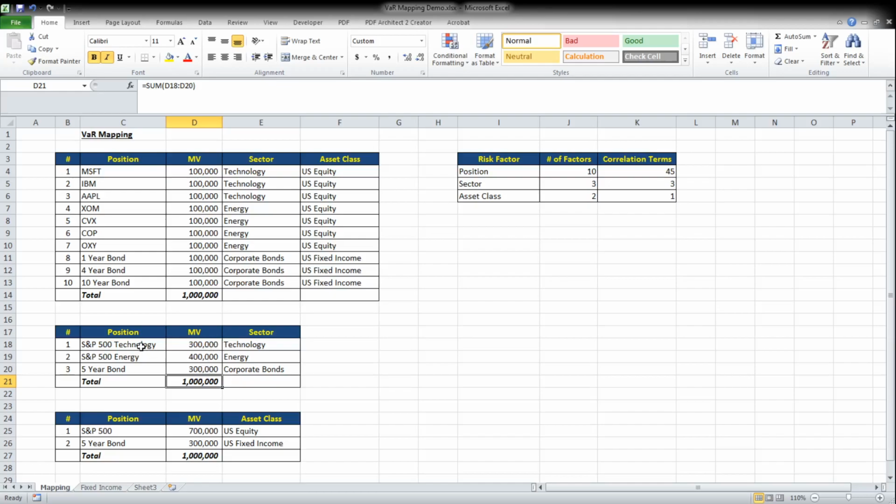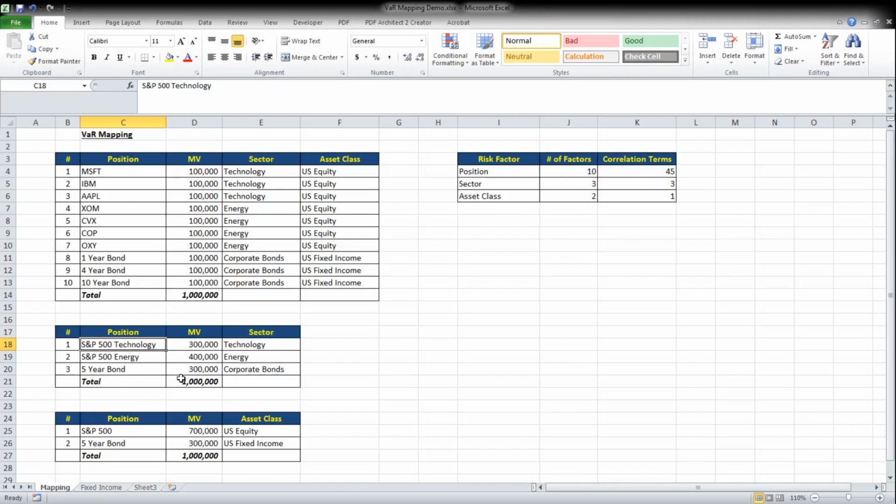It has $300,000 invested in S&P 500 technology sector. We have $400,000 invested in S&P 500 energy, and we have $300,000 invested in a 5-year bond. So now all we need to do is estimate the risk of each one of these components, and we need to estimate three different correlation terms as opposed to 45 correlation terms.